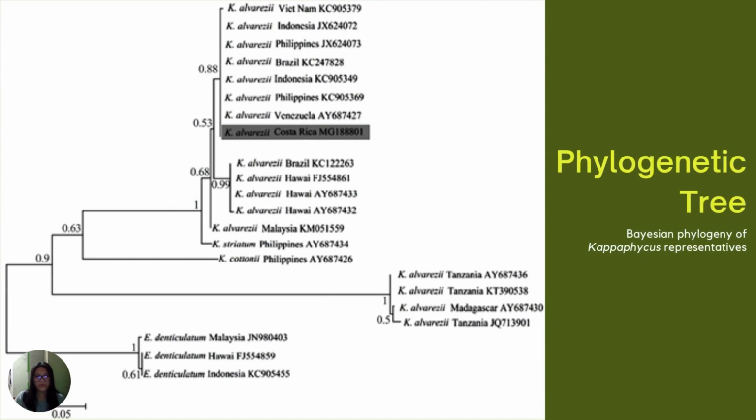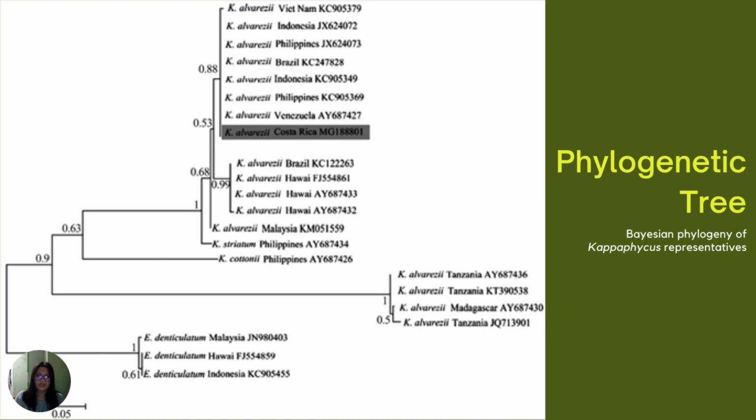Here we have a Bayesian phylogenetic tree of the species of Kappaphycus. This tree shows that a monophyletic clade exists between the collected fragment samples of Kappaphycus alvarezii that came from different locations, including Vietnam, Brazil, the Philippines, Venezuela, Hawaii, Malaysia, Indonesia, and Costa Rica.